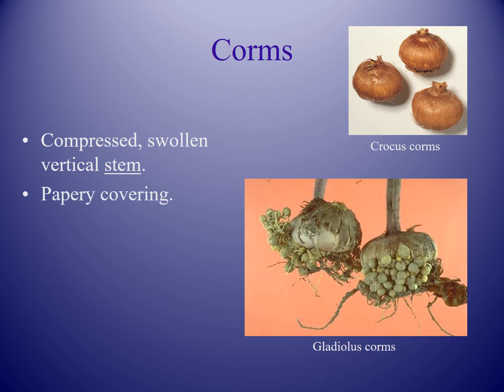They have a papery covering. Take a look at the crocus corms pictured in the upper right. Each individual corm is covered with that brown paper-like covering. As I just mentioned, you find corms underground, and two examples of plants that make corms are crocus and gladiolus plants.